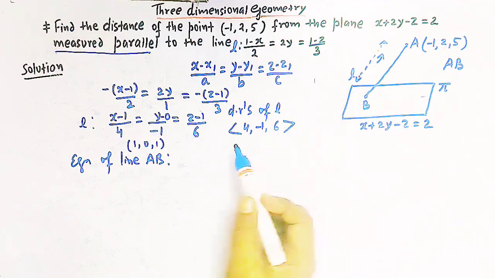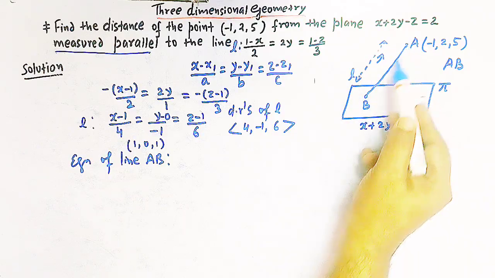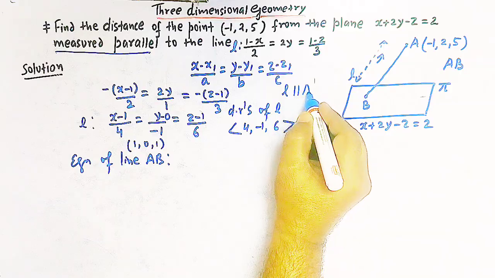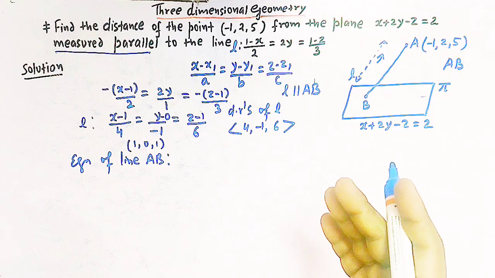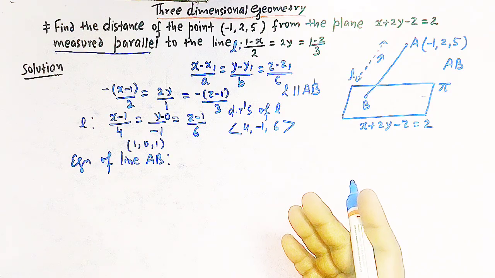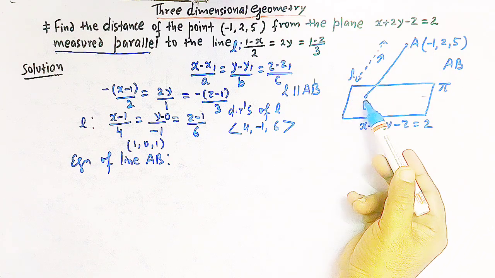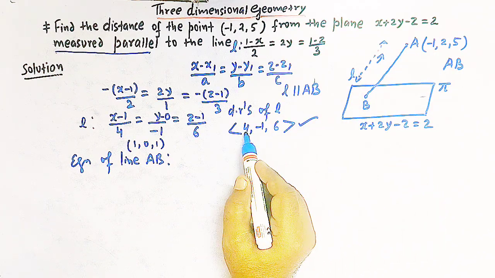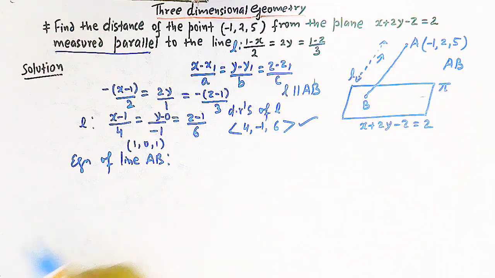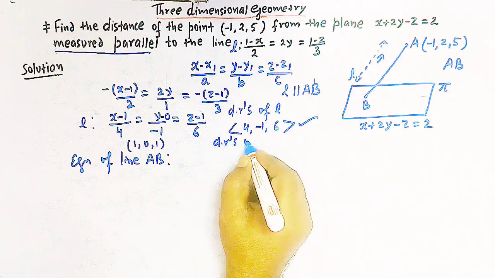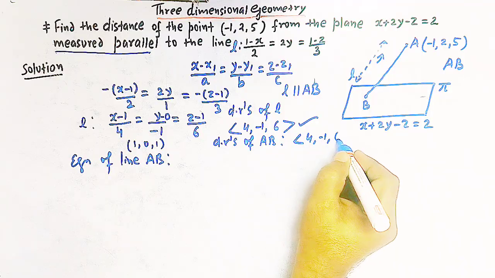Since we know the direction ratios of L, and L is parallel to AB, and parallel lines have either equal or proportional direction ratios, the direction ratios of AB can also be taken as 4, -1, and 6.